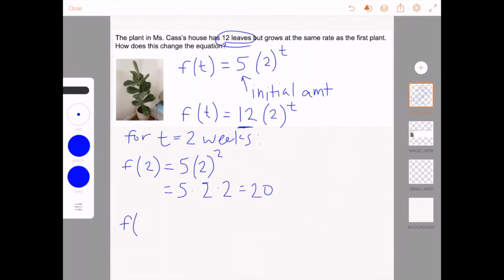And for the second plant, f of 2 equals 12 times 2 raised to the power of 2, and that comes out to 12 times 2 times 2, which equals 48. That number is a little bit higher than 20, so that shows us that the plant with more leaves will actually grow much faster, right? Because it's starting with a higher initial amount.